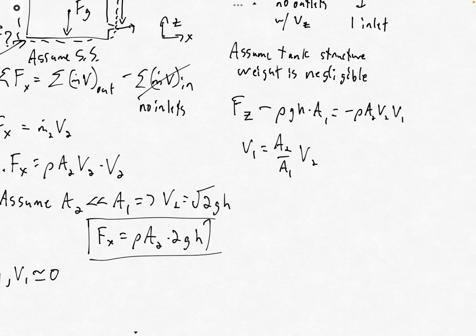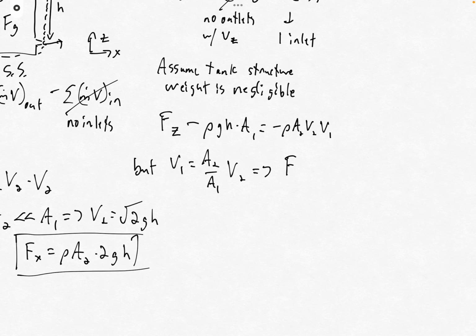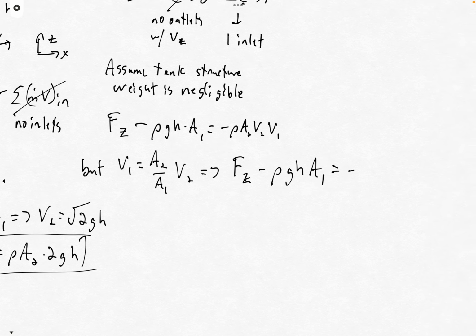Therefore, we're going to end up with Fz minus rho g h A1 is equal to minus rho A2 times V2 squared times A2 over A1.